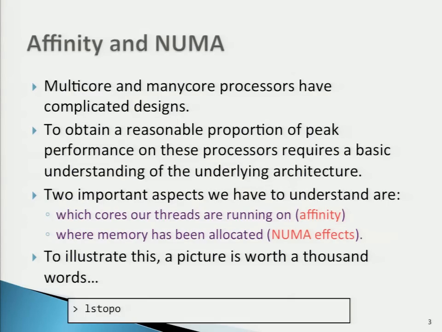It's an unfortunate reality, but it's not as simple as just writing some OpenMP loops. You really do have to have at least a basic level of knowledge about what the underlying hardware is like if you're going to write code that gets a reasonable proportion of peak performance.